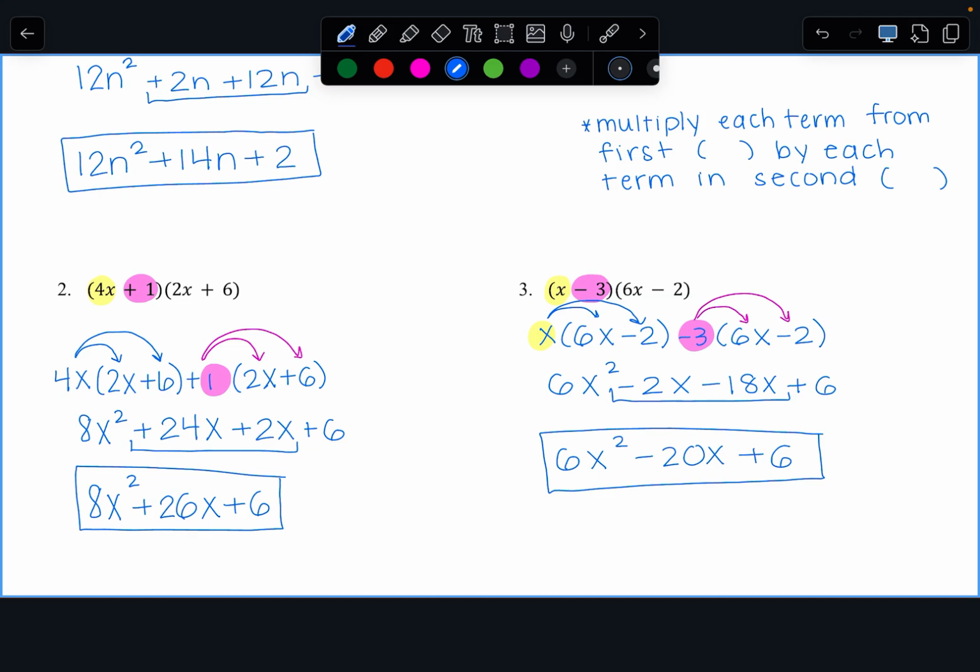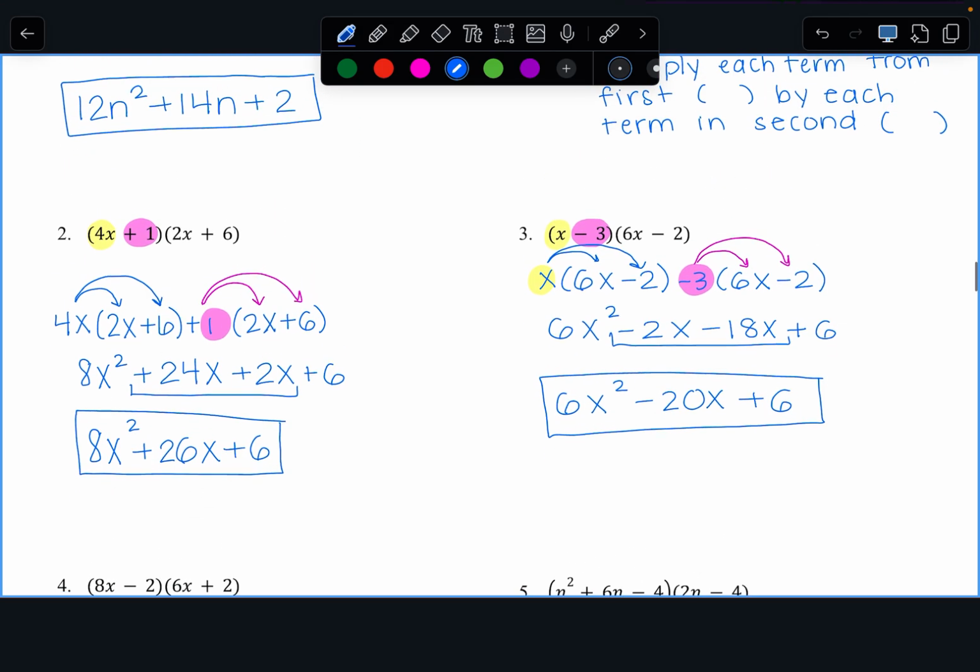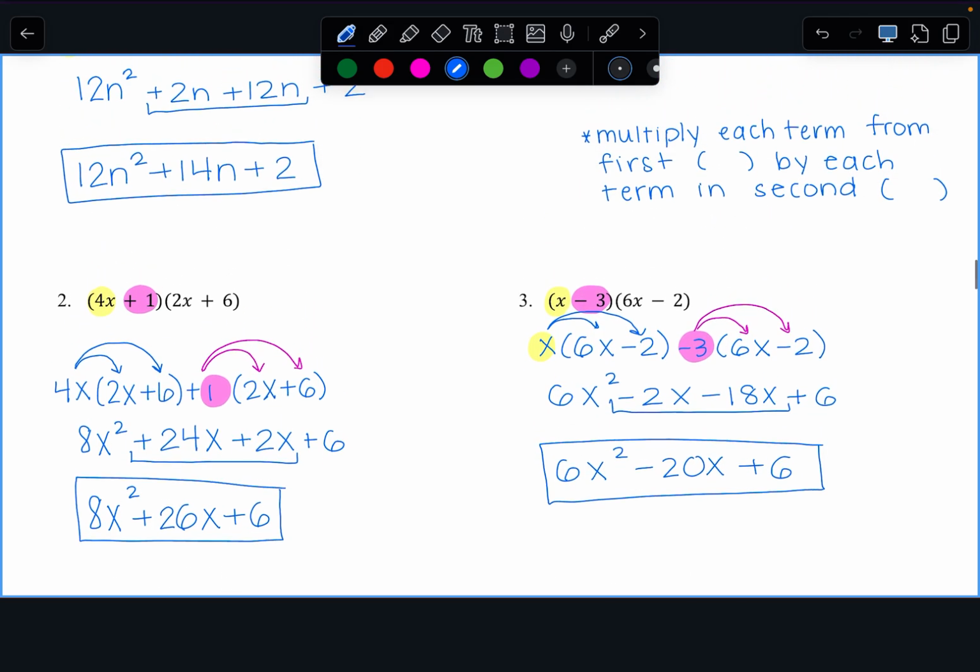You don't have to write that down if it's making sense, but just in case you needed that. I'm just going to scroll down so I can see. Go ahead and try number 4.